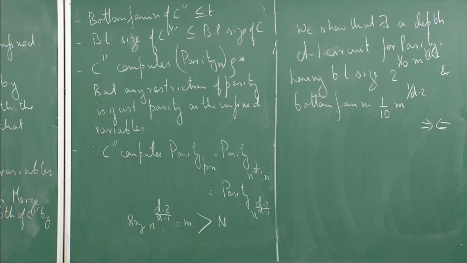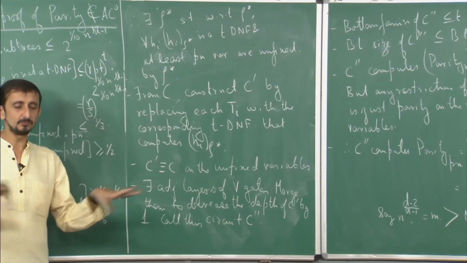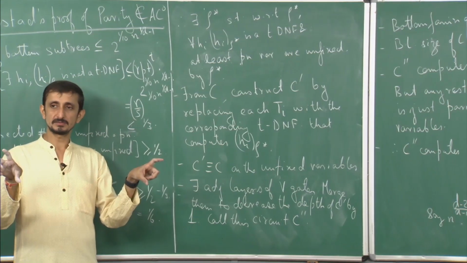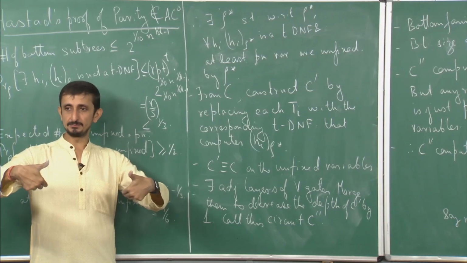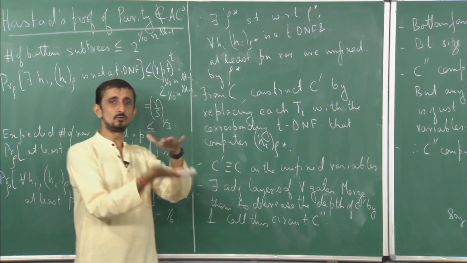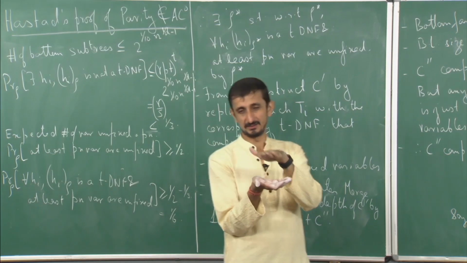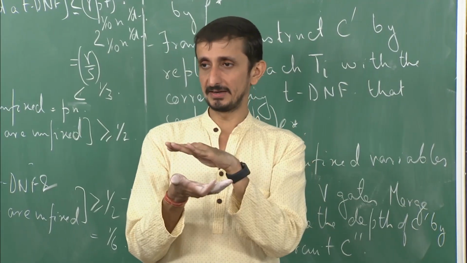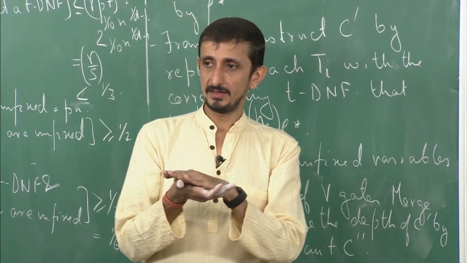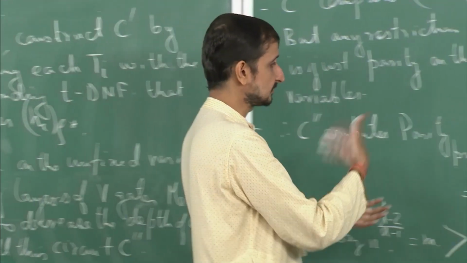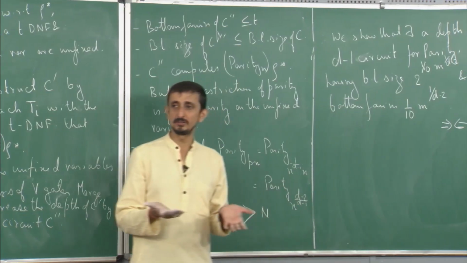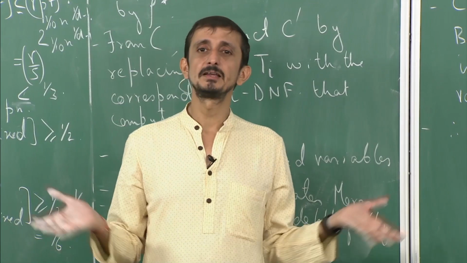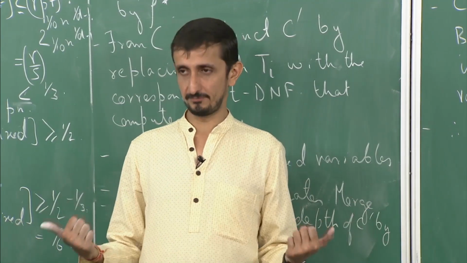Then what we do is that I assume that the circuit is in this canonical form. Okay. I take the last two layers, I apply the switching lemma, I flip them, okay. I merge the two adjacent levels which have either AND or OR gates, whatever it is. So, in this case we are looking at DNF, so I have adjacent OR gates, I merge them, okay. And I argue, by my choice of probability, that even after this merging, there is a very large number of variables that are still remaining unfixed, okay.